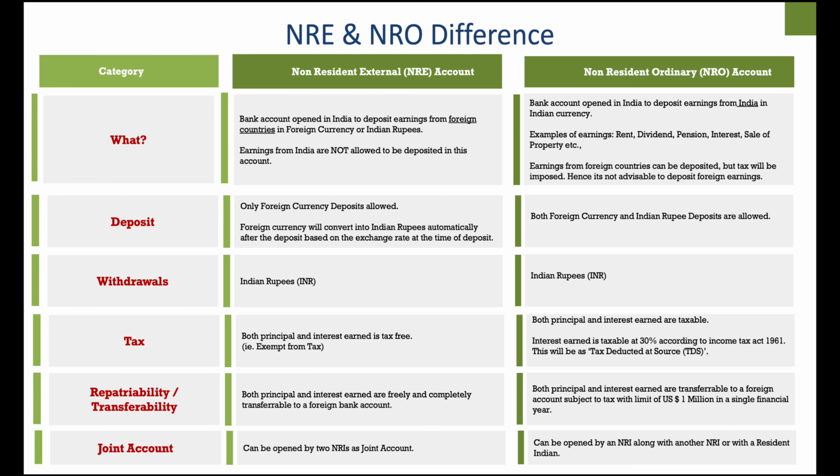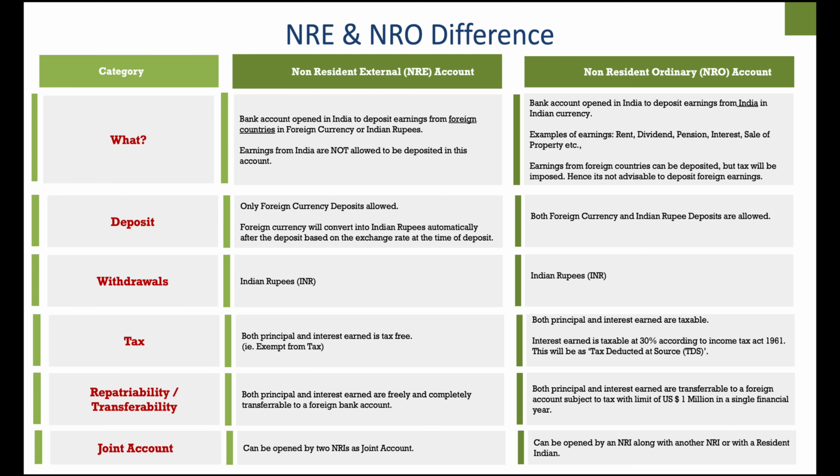The next difference is about joint accounts. An NRE bank account can be created by two NRIs together. If you are an NRI, you can create an NRE bank account with another NRI as a joint account.